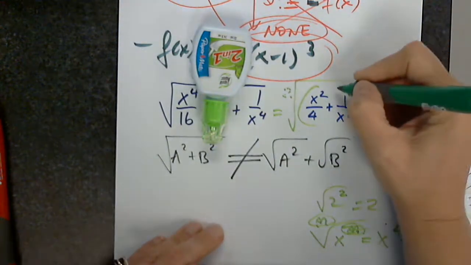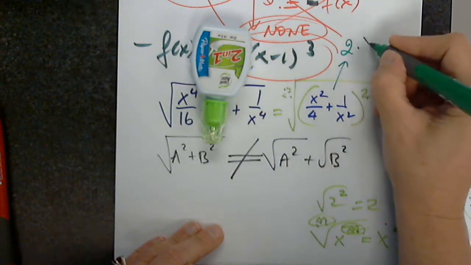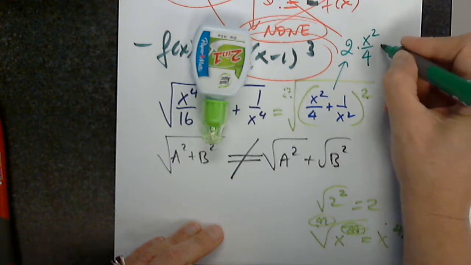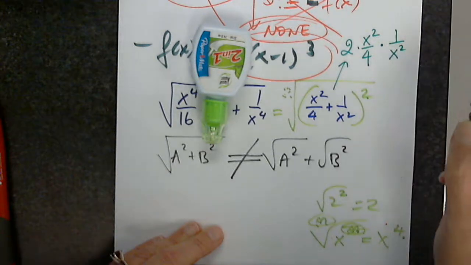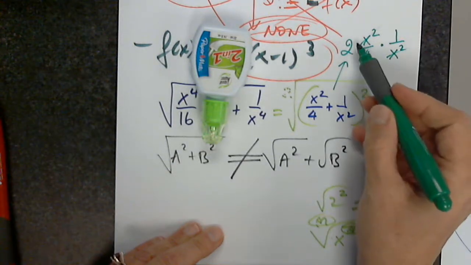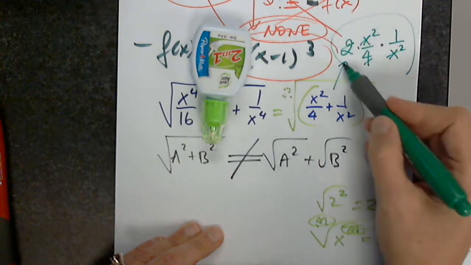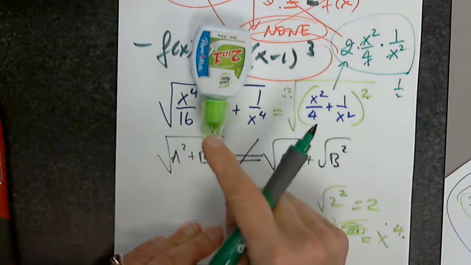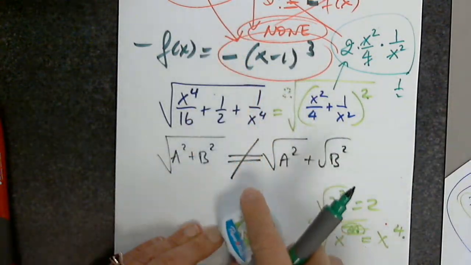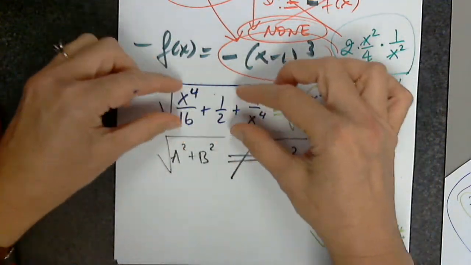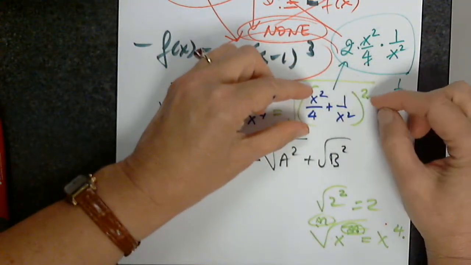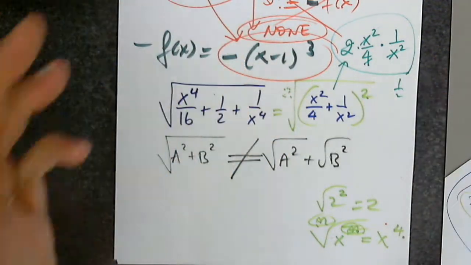Can anyone tell me? 2 multiplied by x squared over 4 and multiplied by 1 over x squared. Good. So I simplify this with this, and I simplify the 2 with the 4. What is this? 1/2. Now I'm looking. Do I have 1/2 as the middle term? Yes. Which means that I'm correct. These 3 terms are condensed into this binomial squared.